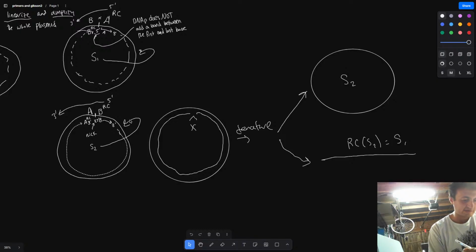Okay, so we have X at the starting point, and what we're going to have here is this is B, the 5 prime, and at the end we are going to have ARC, 3 prime. Okay, nice.